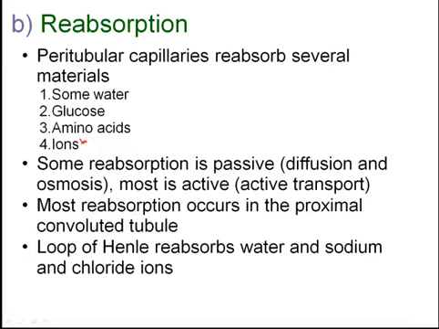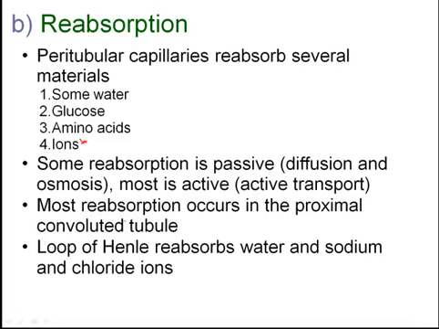We want to get most of our ions back because we're going to need them. Sometimes we have too much glucose in our blood and we will not reabsorb the glucose. If you have sugar in your urine, that can be a sign of a problem with sugar, like diabetes. Some of the reabsorption is passive, so it'll just happen naturally, by osmosis and diffusion, but most of it actually happens by active transport, so it's going to take energy.